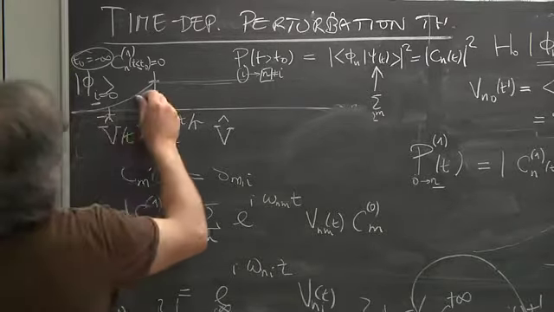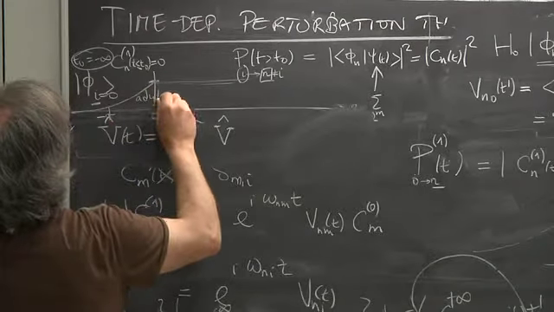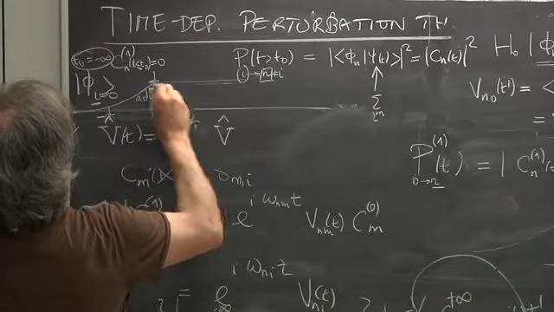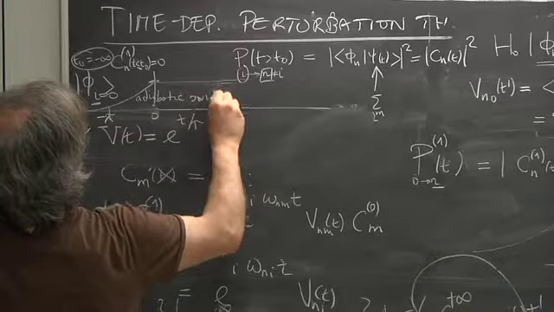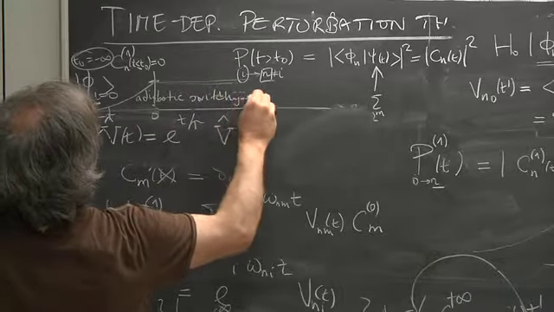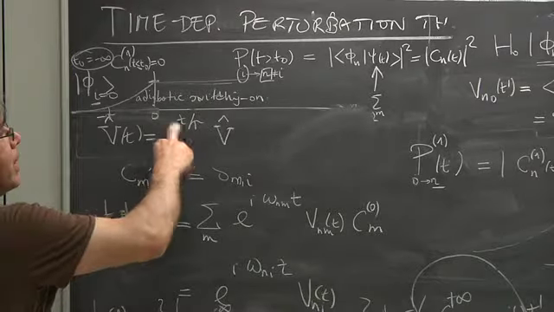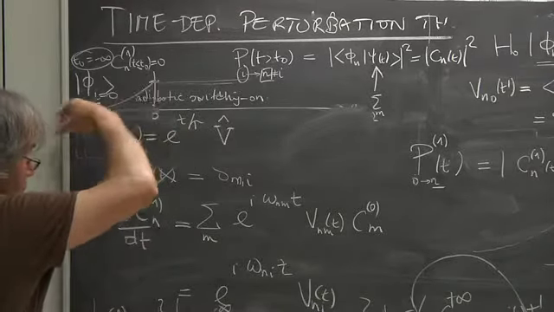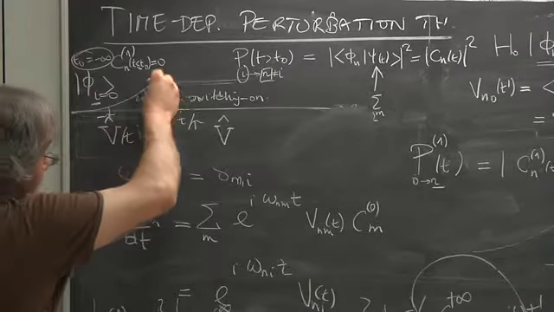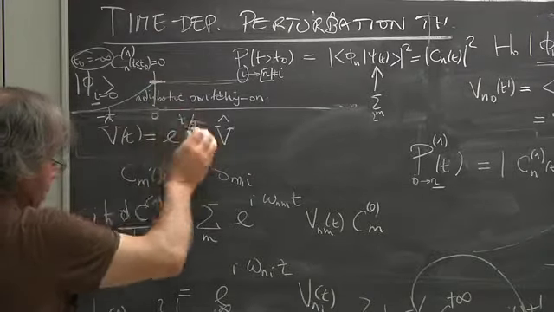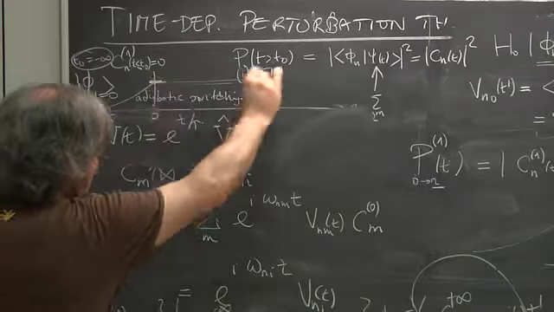Okay? So adiabatic switching on. Okay? Is the problem clear? So at the beginning, infinite past, no perturbation. Then a slow exponential increase of this perturbation up to a value at times t equals 0, which is V, and then constant.